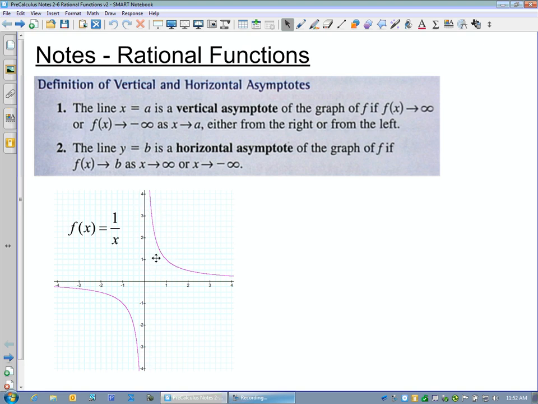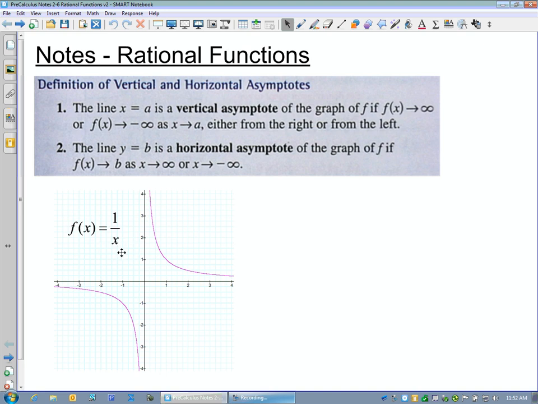But if we think about this logically, if we look at the branch on the right, then as x becomes smaller and smaller but still remains positive, in other words, it's approaching 0 from the right, then 1 over a very small number is going to be a very large number. So as x gets smaller and smaller, y gets larger and larger.